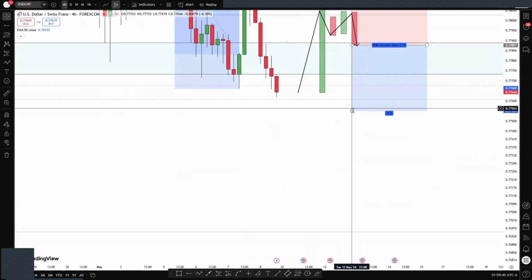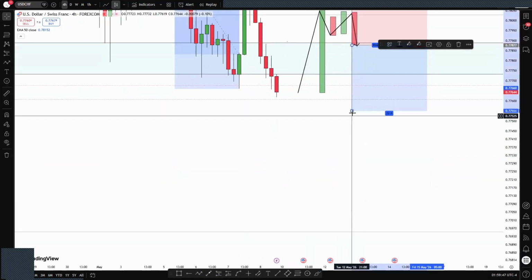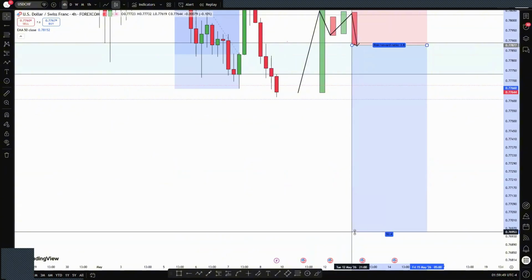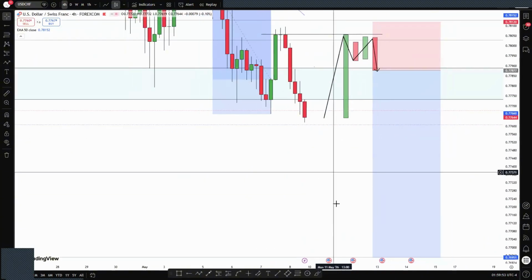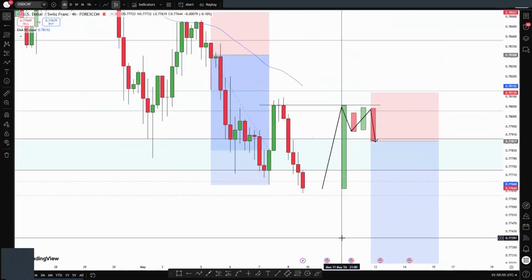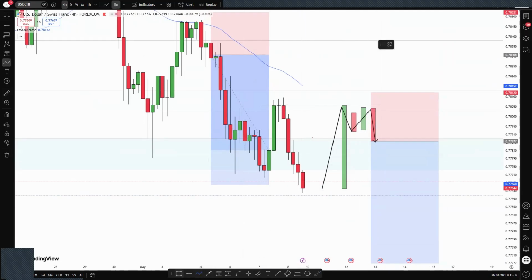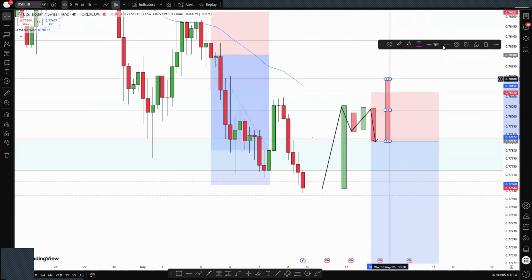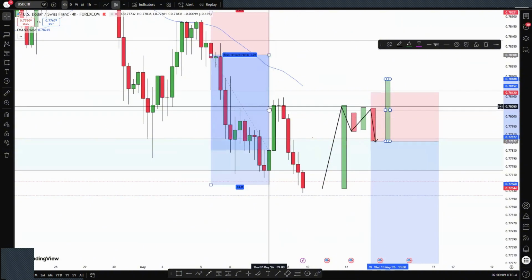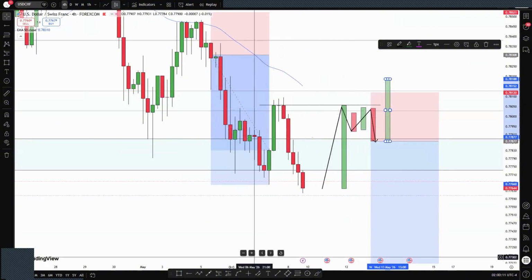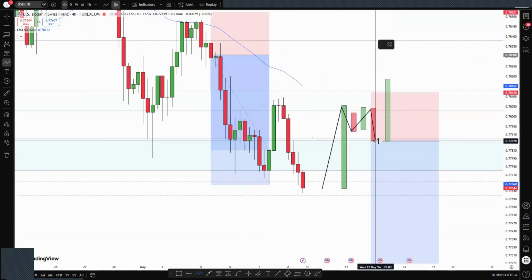Yes, this is a very nice setup because you're selling high and you have a higher chance of price giving you more returns. But again, it's even way riskier because price might simply do this to you. It can simply do that and break above this level and make a new high. You see?